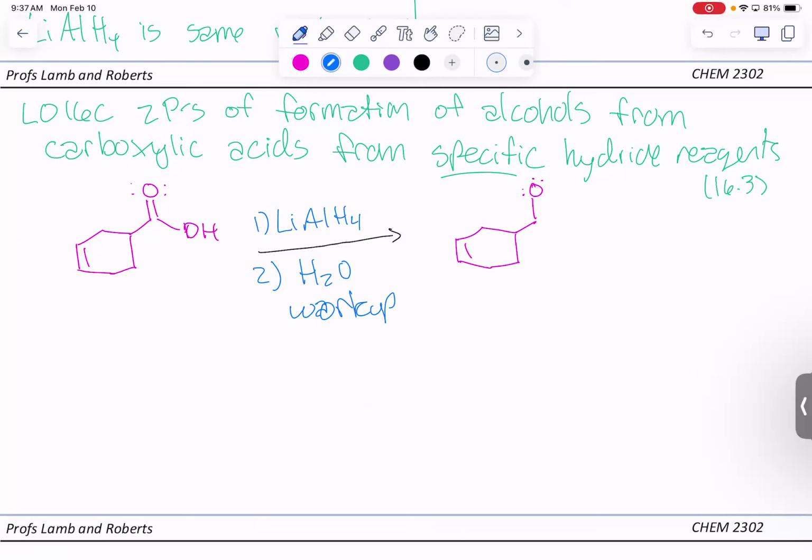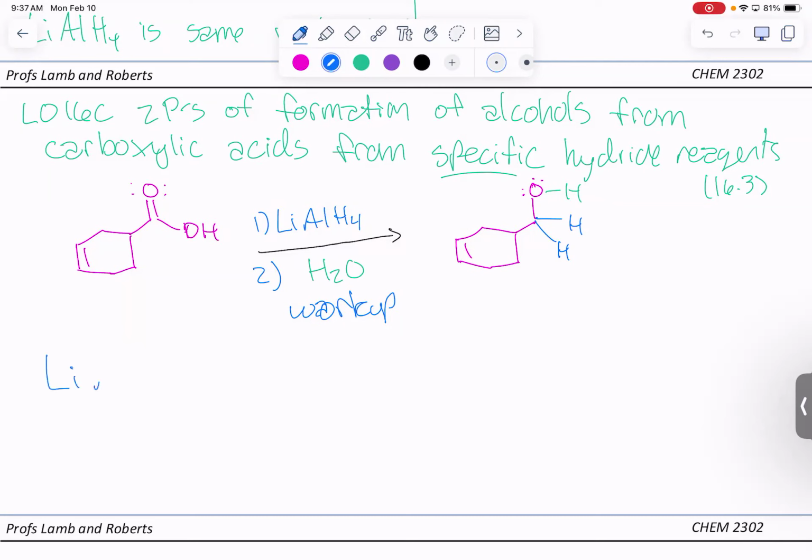The reason why we can't use sodium borohydride is you'll see here we had to deliver 2 equivalents of hydride in this case. So we need a stronger reducing agent because we're taking this oxidation state down from a carboxylic acid all the way down to an alcohol, all right? So that's why we needed a much stronger reducing agent.